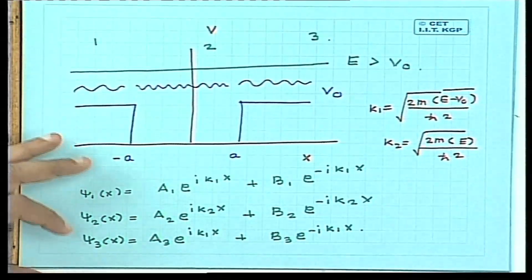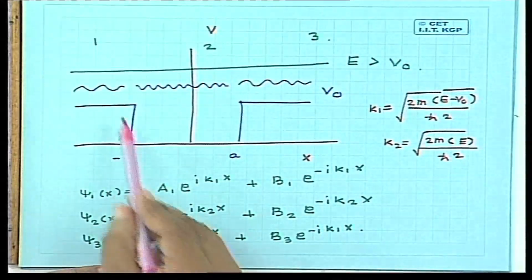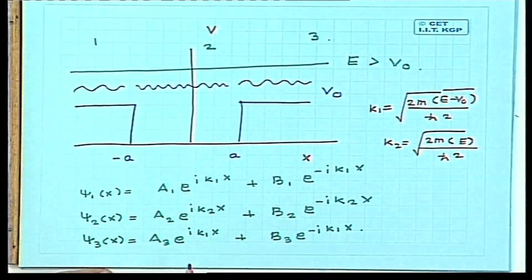The problem here arises because the wave function is exponential and it doesn't die out at minus infinity or plus infinity. It keeps on just oscillating. So the question arises, how do you normalize the wave function? How do you get wave functions which are normalized?